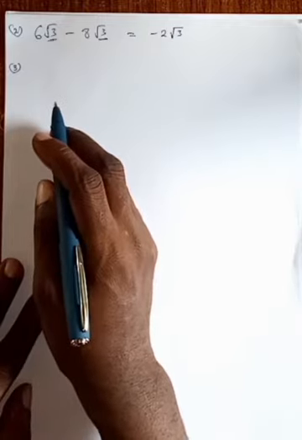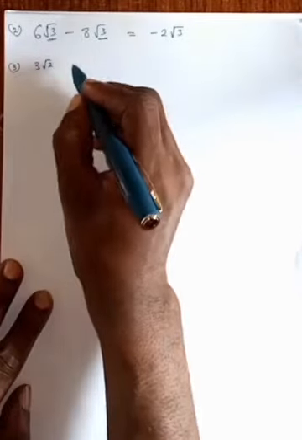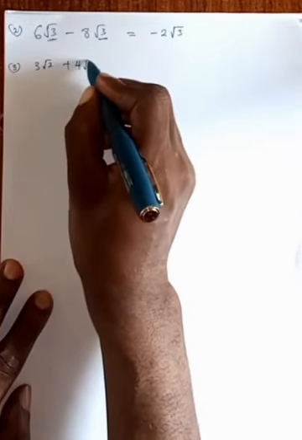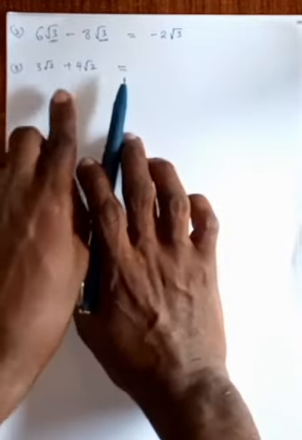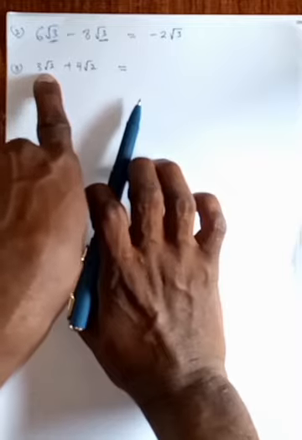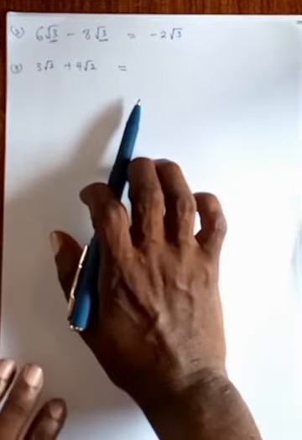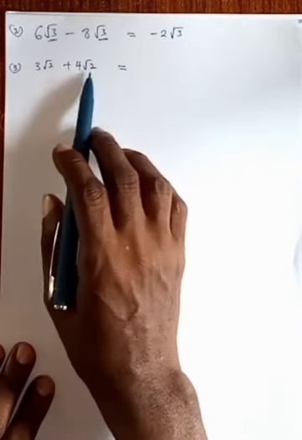In number 3, what I have is 3 root 2 plus 4 root 2. Solving this one also involves checking the surd aspect to determine whether it is in its basic form. So we can see this root 2 is in its basic form, as well as this one here.